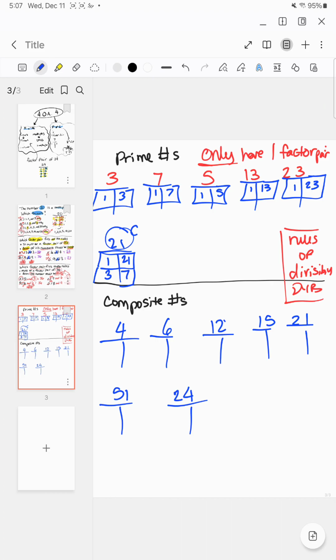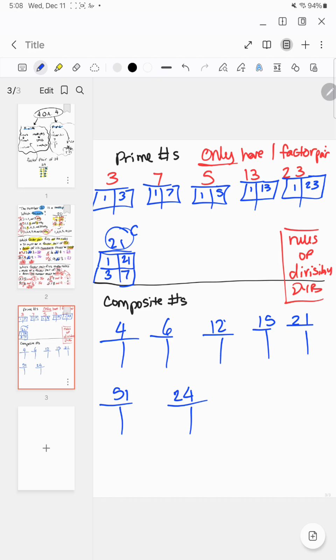In fact, that'd be a number that I would memorize, that is 51, because that number I know is always on a test, and a lot of students just don't know how to use the rules of divisibility to figure it out. So basically, these numbers can fit, and that means they can be multiplied to equal these numbers. They can also be divided into these numbers.